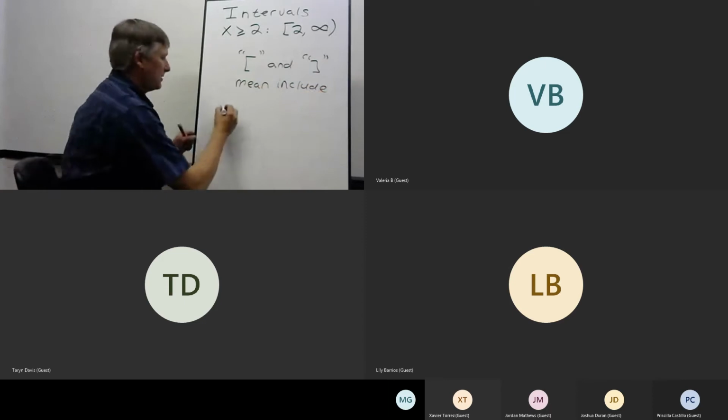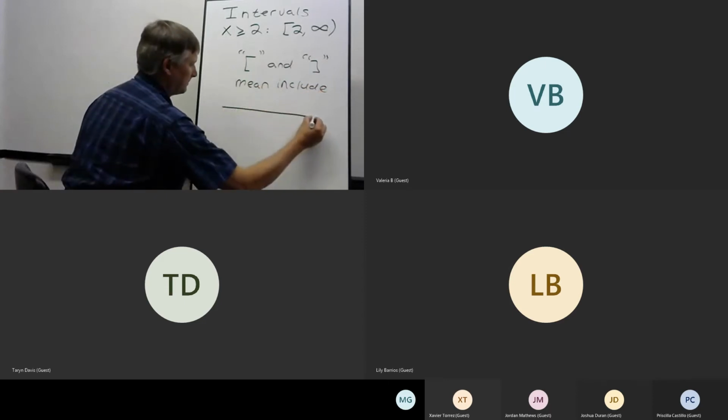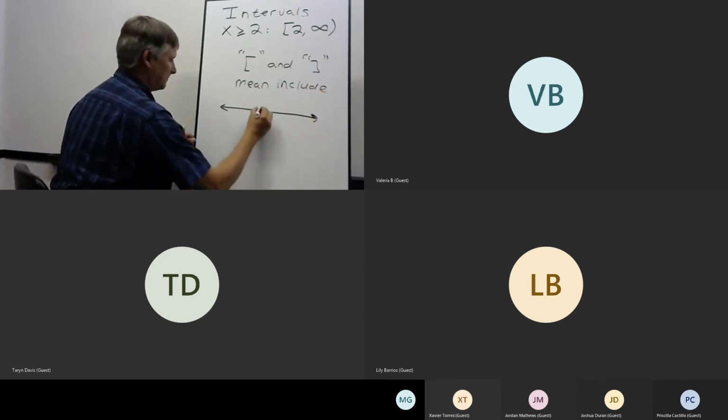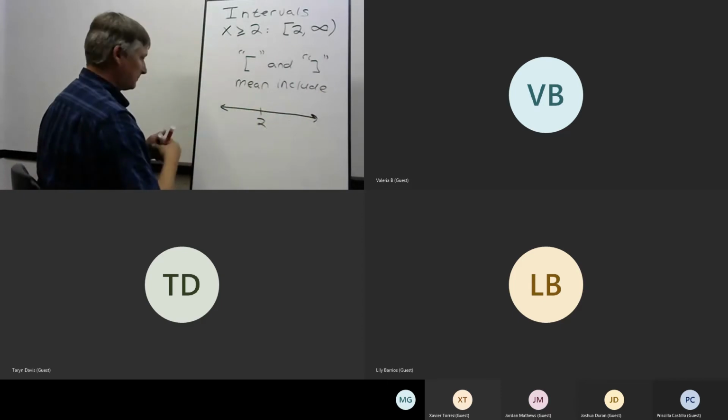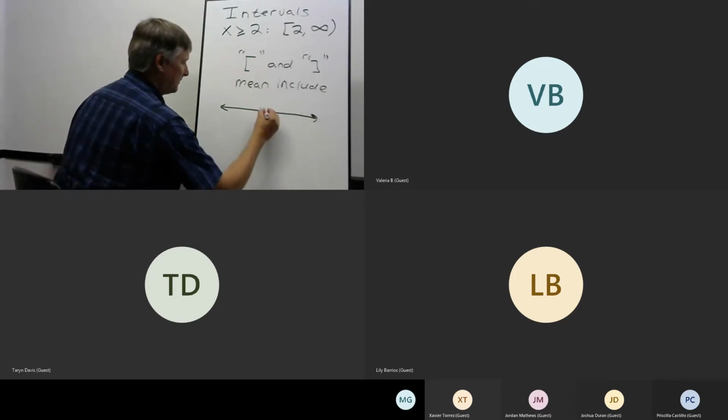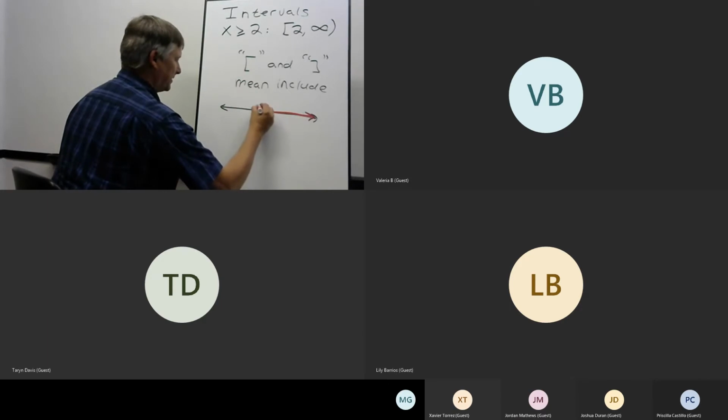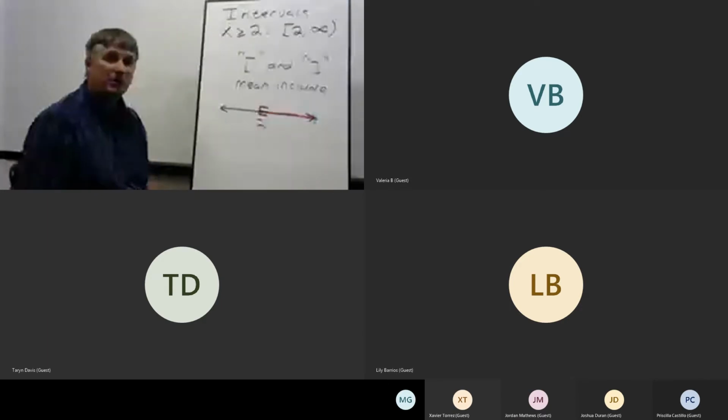So what this would look like on the number line? Well, we still go off to infinity. Then we put in a square bracket that says we get to include 2.